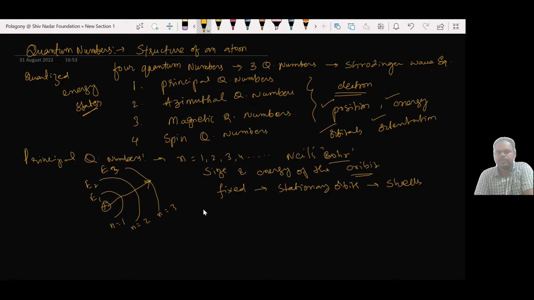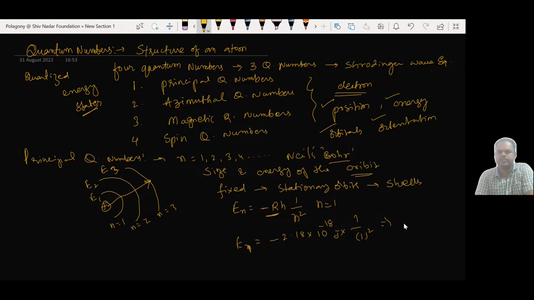If you want to find the energy of the nth orbit, we have the formula minus R_H times 1 upon n square, where R_H is the Rydberg constant. For the first orbit, n equal to 1, it is minus 2.18 into 10 to the power of minus 18 joules into 1 upon n square.